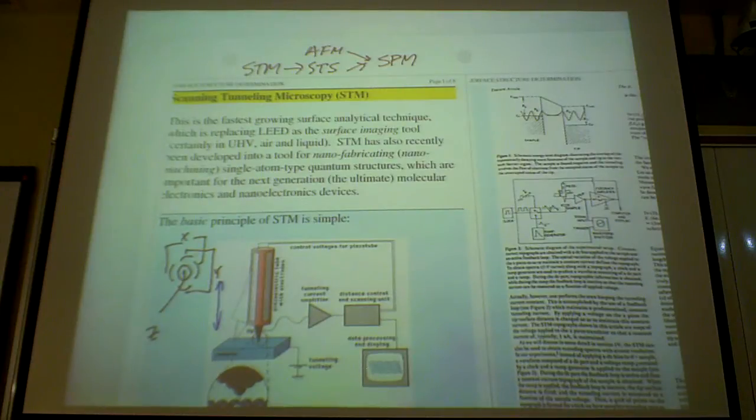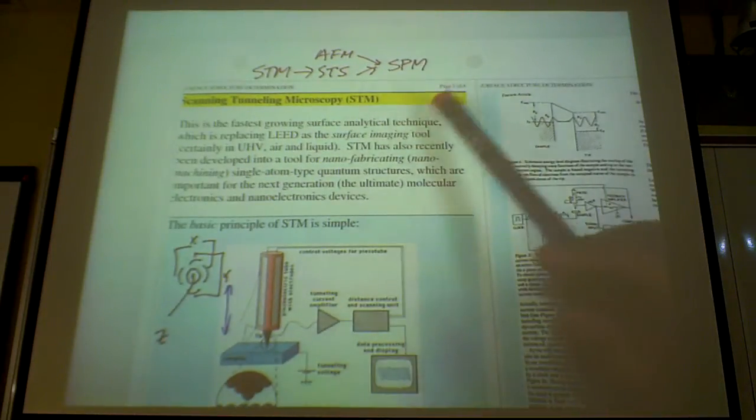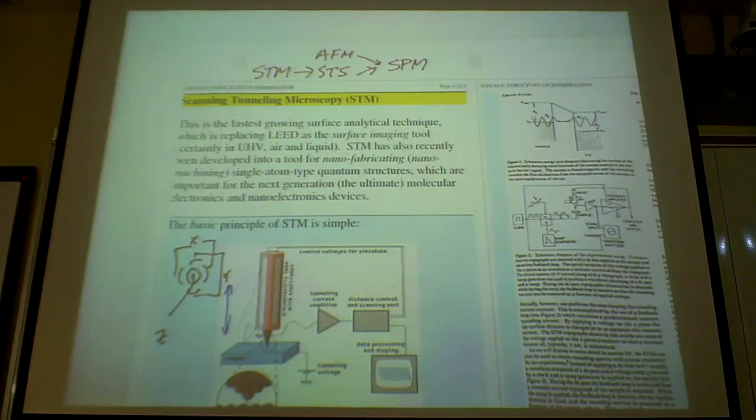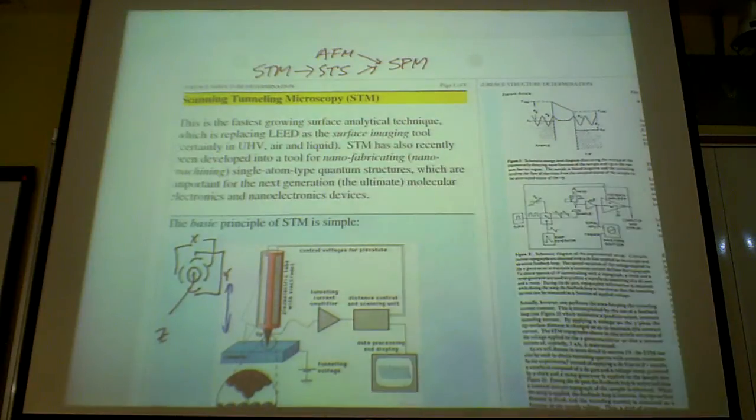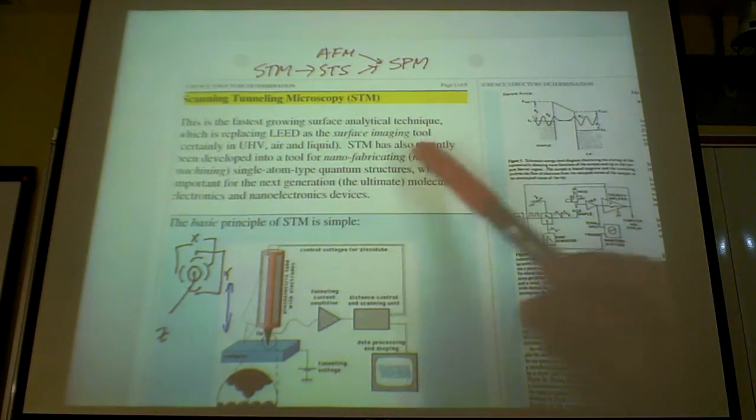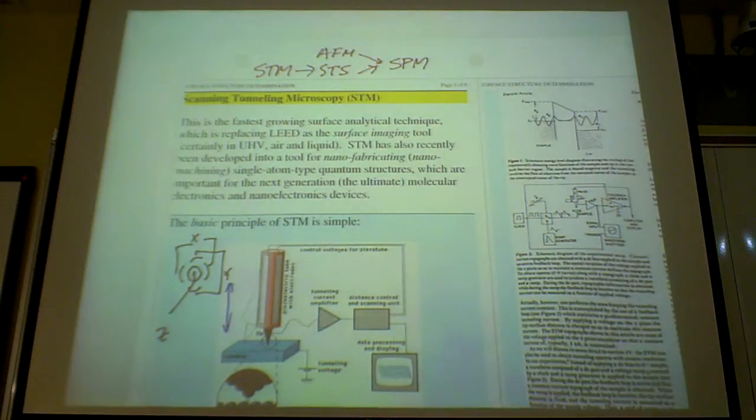It was a very fast-growing surface analytical technique, which is trying to replace low-energy electron diffraction as the tool, but as you'll see later, it can never replace LEED if you understand what STM is giving you, because it holds different type of information, and STM, once people started using it, they discovered its limitation. Okay, so let me describe.